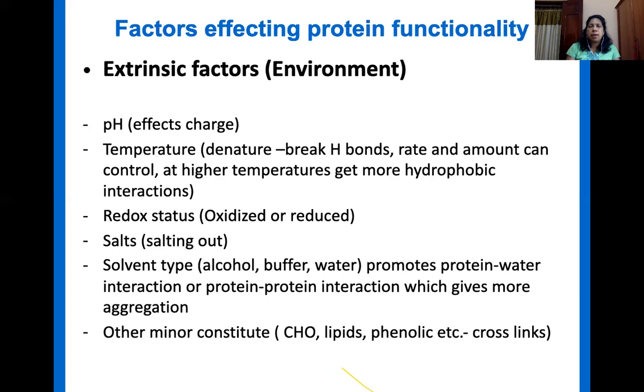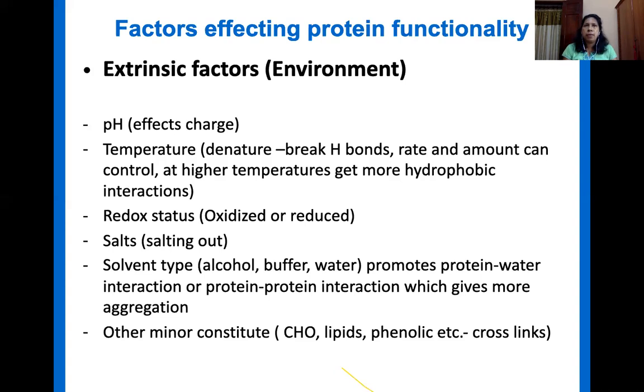The other one is that temperature gives more hydrophobic interaction. How can that be? We can take an example.